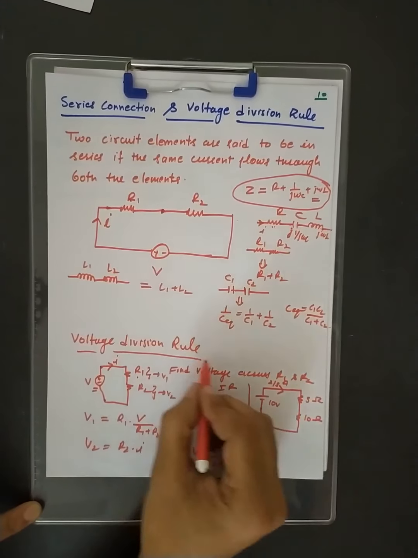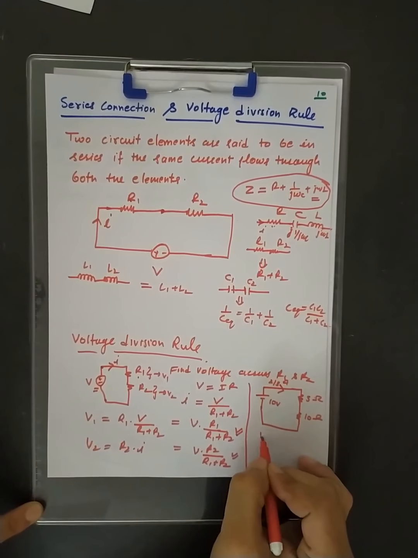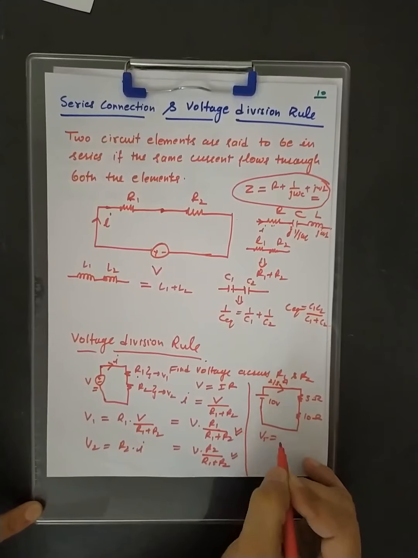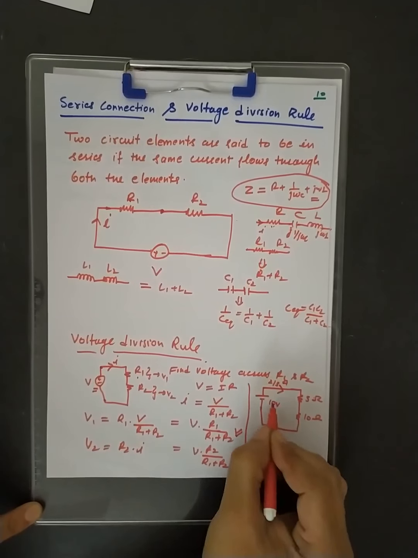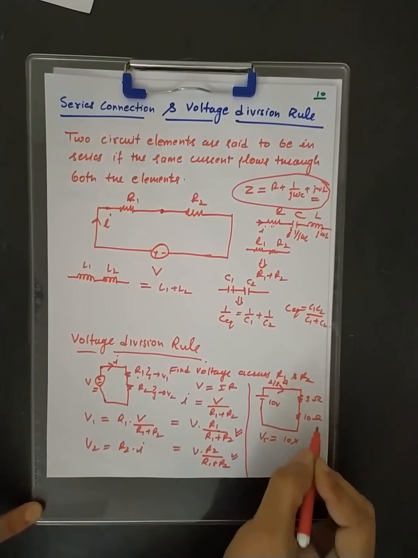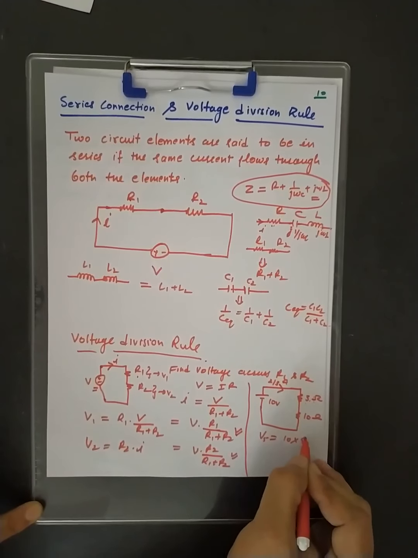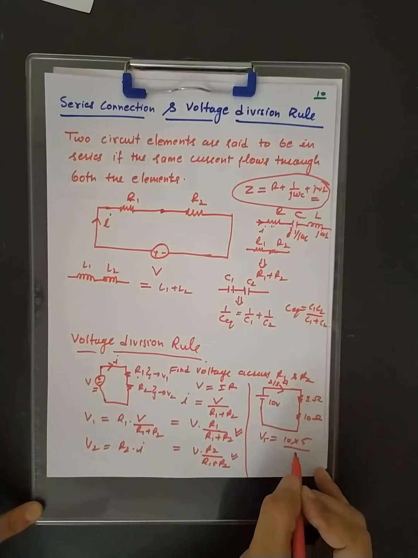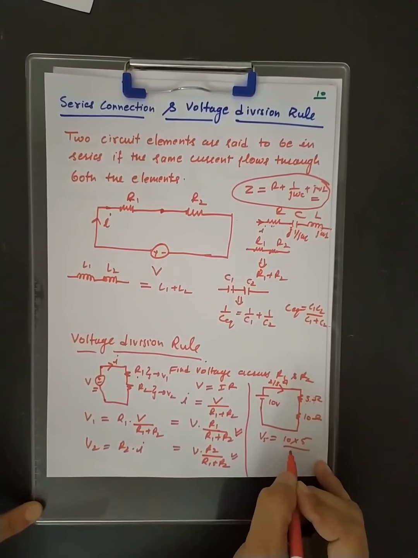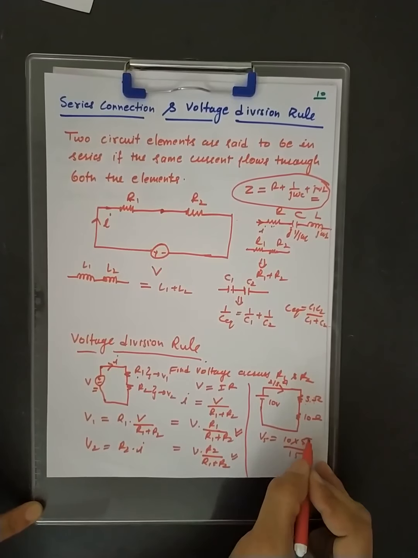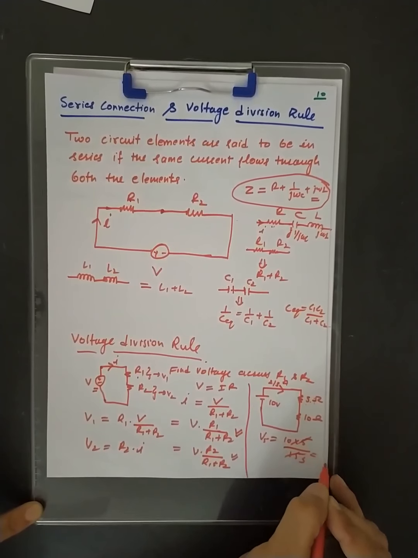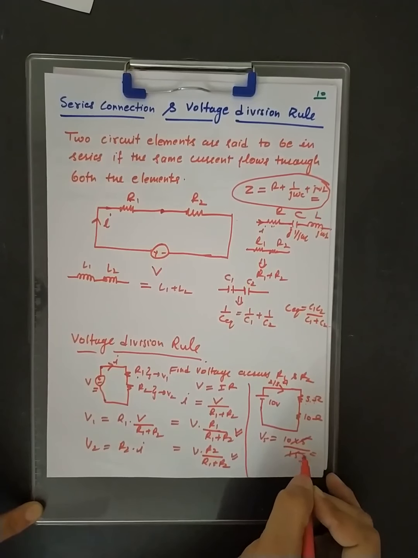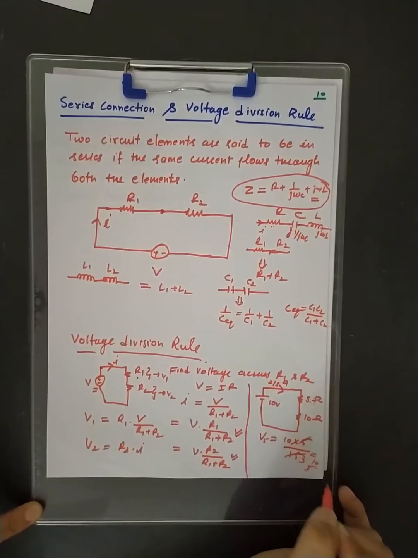So directly by using the voltage division rule, the voltage across 5 ohm is equal to the total voltage across this, multiplied by the value of this element, 5, divided by the total, that is 15. Clear? That is 10/3.